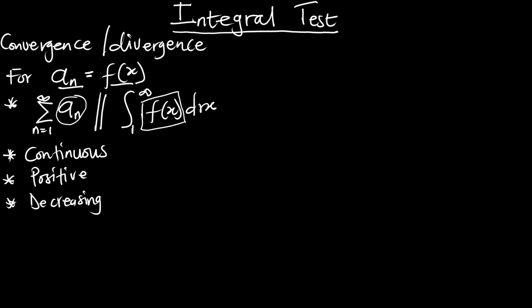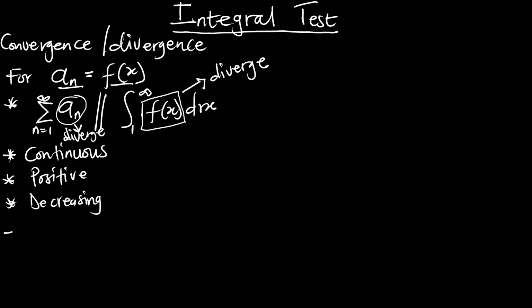Are you okay? What you have to note is that if the integral test diverges, so if I solve the integral and it diverges, therefore the function or the series itself is going to diverge.